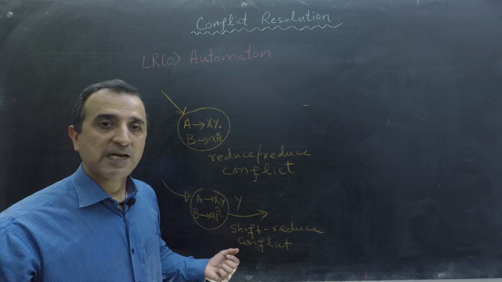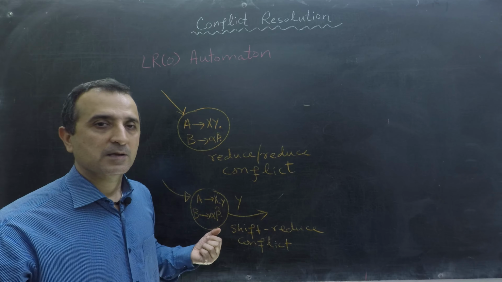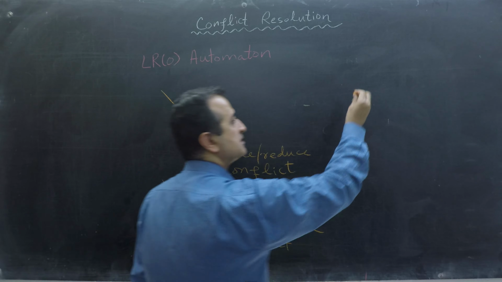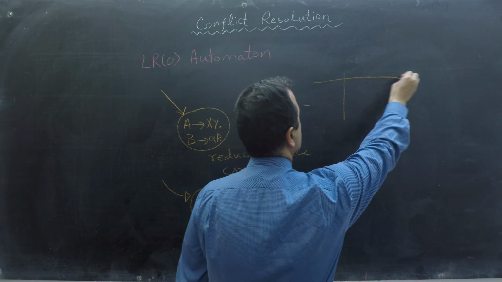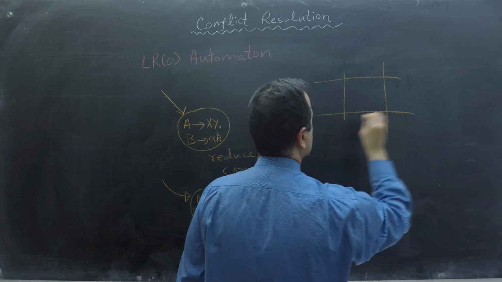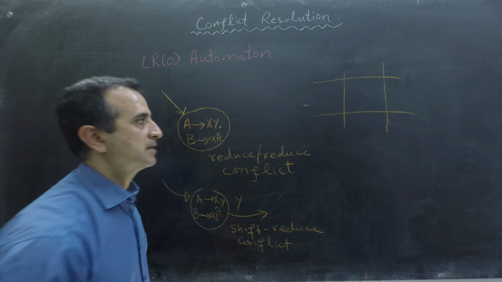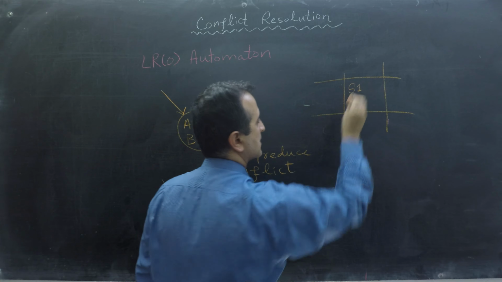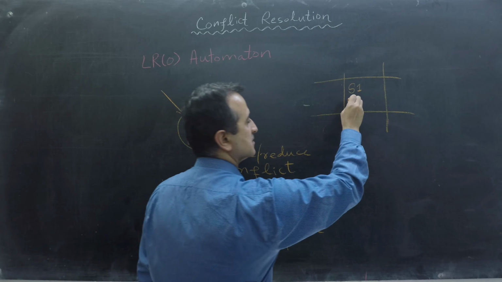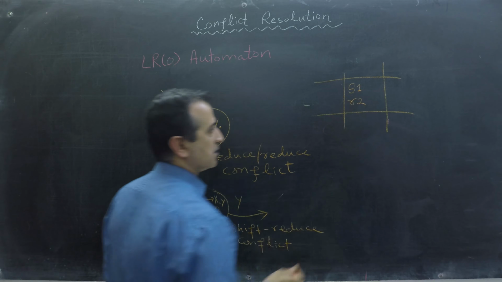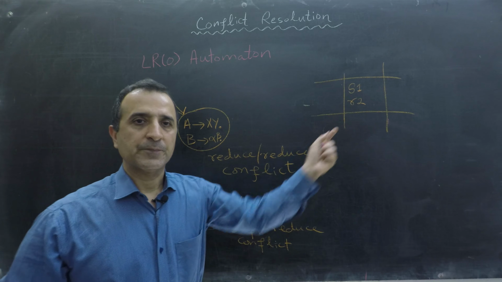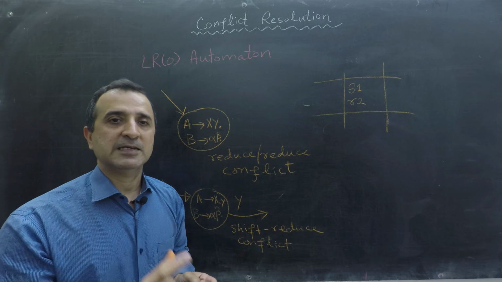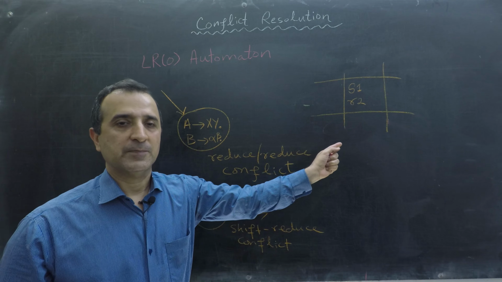But how can we know if our parsing table has a conflict? We will do an example, but for a high-level view, if the same cell of my parsing table has two different actions in it, one is a shift action, say shift 1, and one is a reduce action, say R2, which is reduce by production 2, then because of two different actions in the same cell, my parsing table has a conflict.